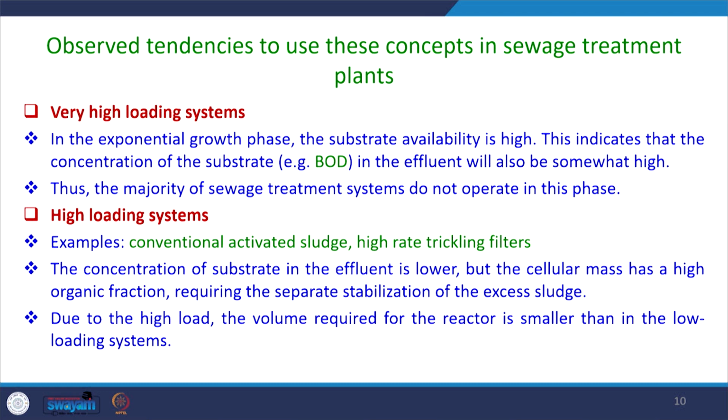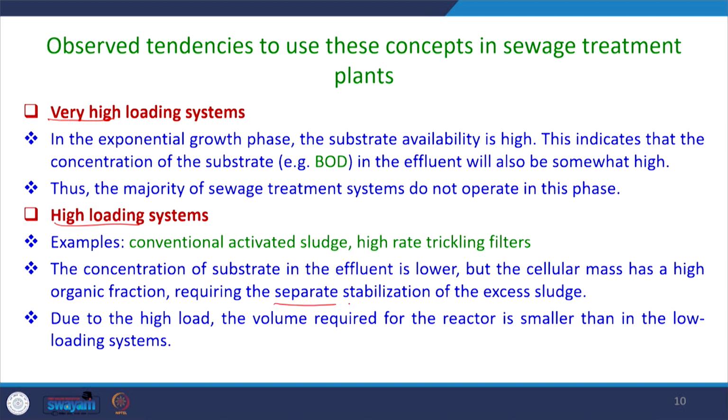Now, in the second case we have a high loading system in place of very high. Examples are the conventional activated sludge process and the high rate trickling filter that we are going to study later on in detail. The concentration of substrate in the effluent is lower, but the cellular mass has a high organic fraction requiring separate stabilization of the excess sludge.